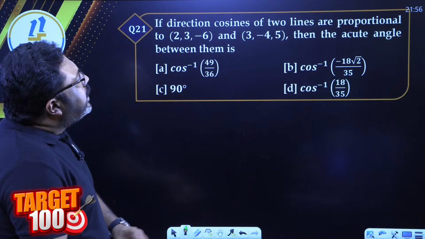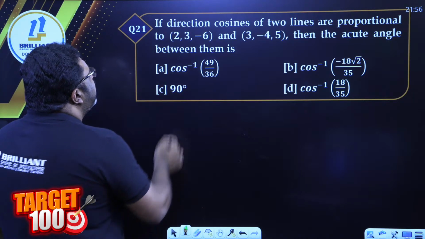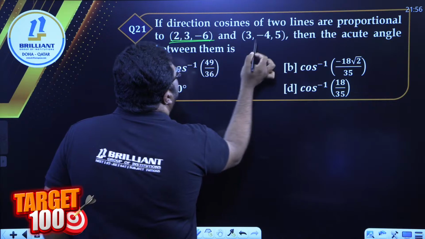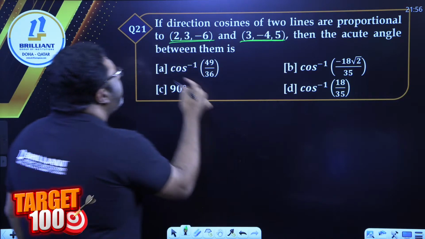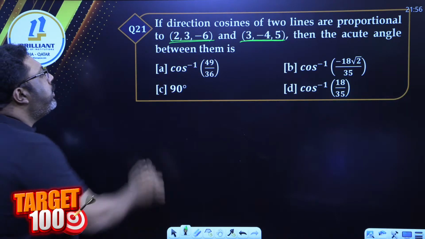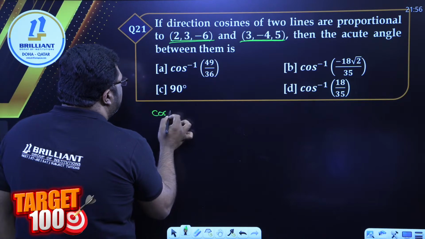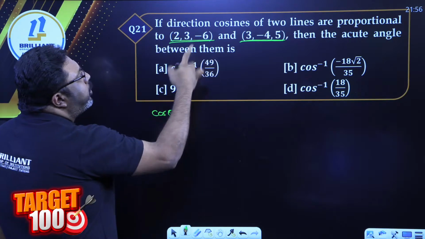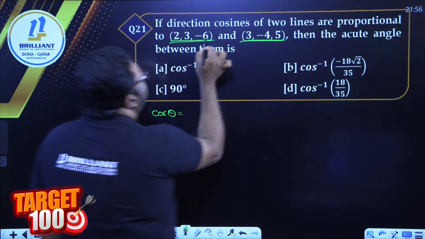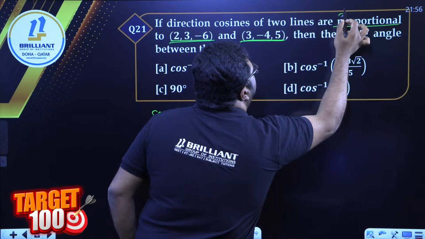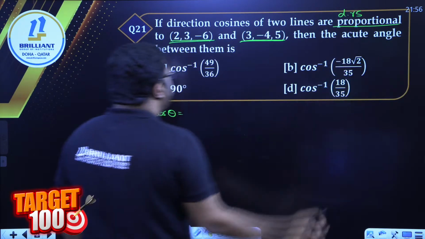Question number 21. The direction cosines of two lines are proportional to. That means these are direction ratios. Then the acute angle between them. Acute angle between them. Cos theta. These are direction ratios. Proportional to means they are the direction ratios.